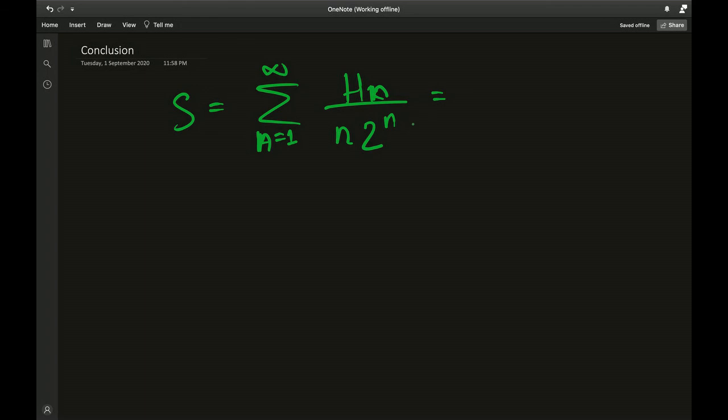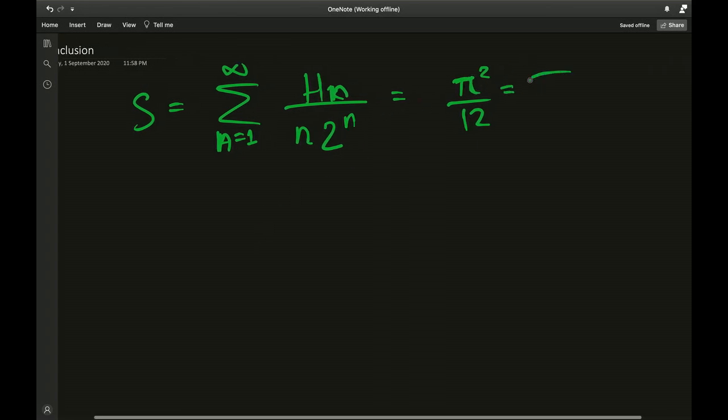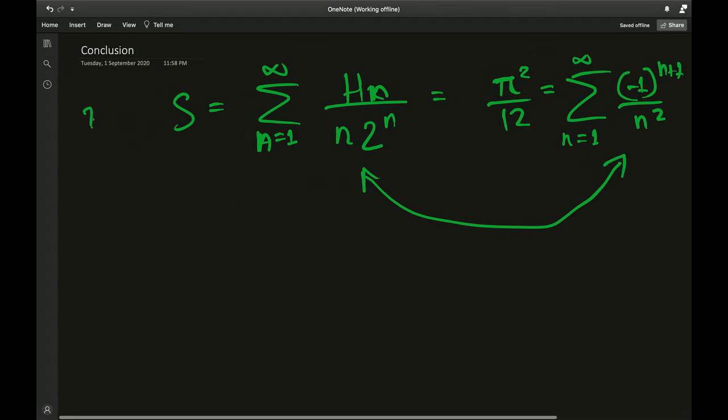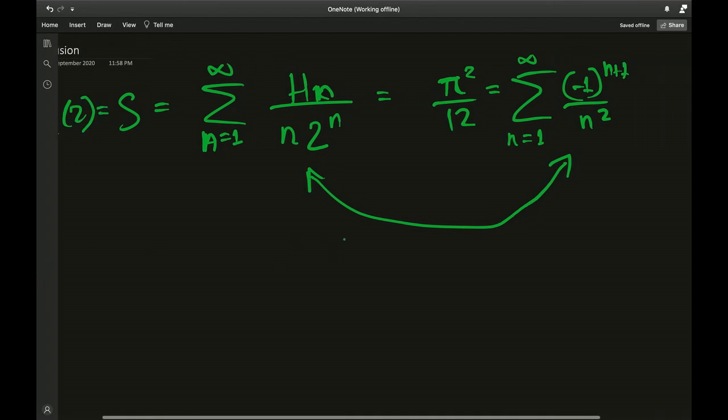We used the generating function and basically used some integration to get the n power down, then used dilogarithms to get pi squared over 6, which means that this is actually equal to the Dirichlet eta of 2, so sum from n equals 1 to infinity of (-1)^(n+1) over n squared. So this has the same value as that. That's a really nice result for today.